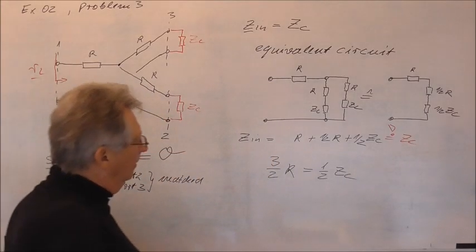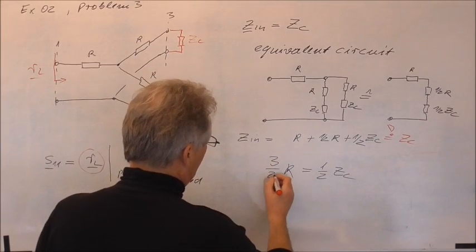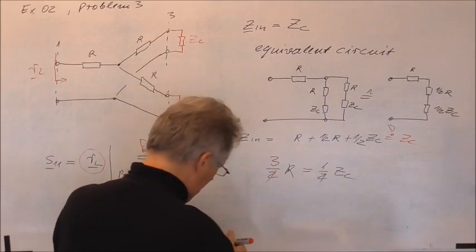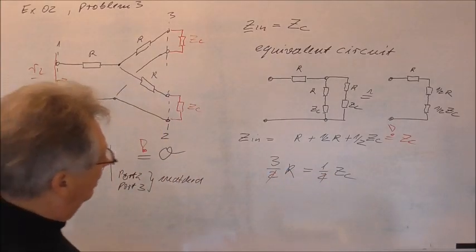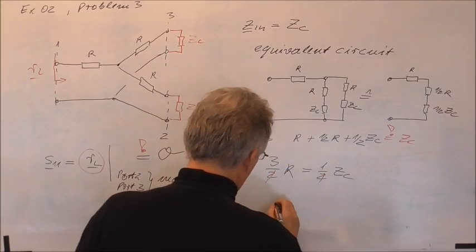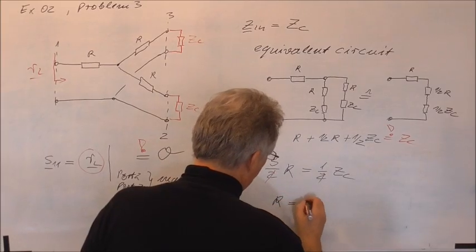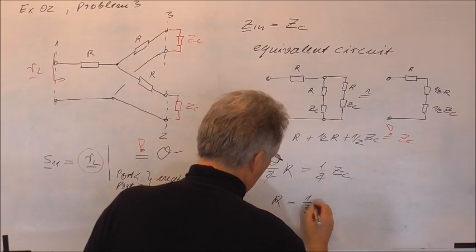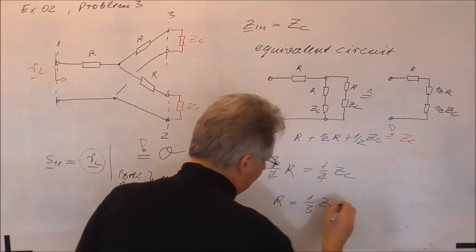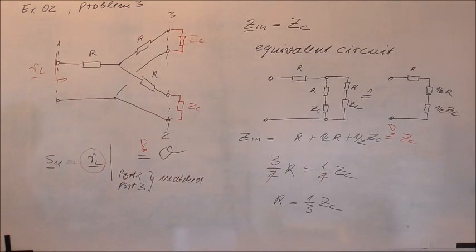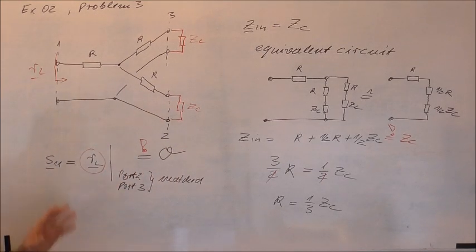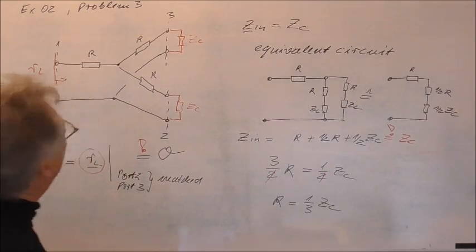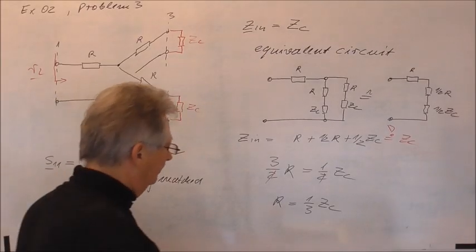So this will cancel in principle, and we will find that I have to choose R to be 1/3 ZC. Or if I have a 50 ohm system, then it's 16.6 ohm.